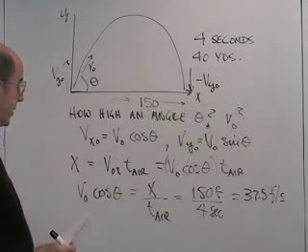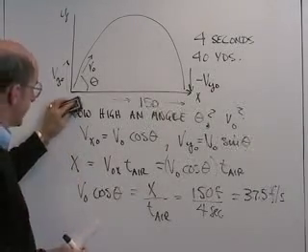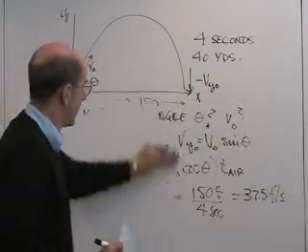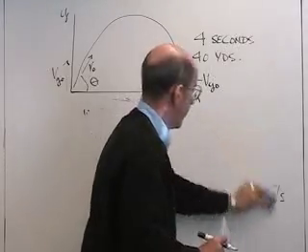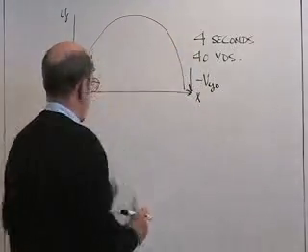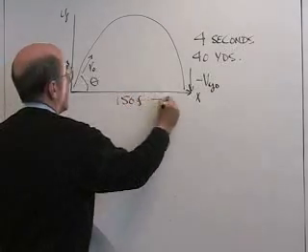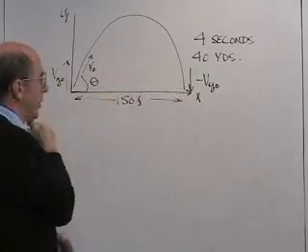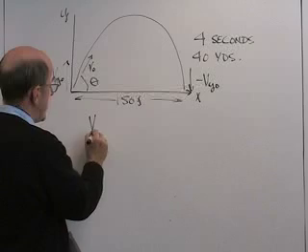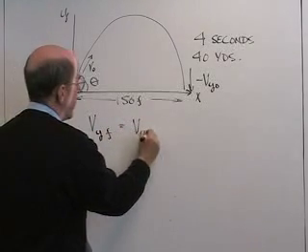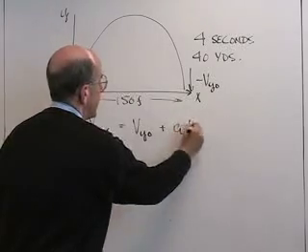Let's see, I'm going to erase this part. Okay. I know that Vy final is equal to Vy0 plus AT.